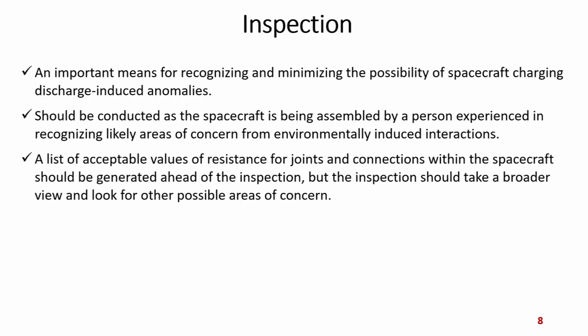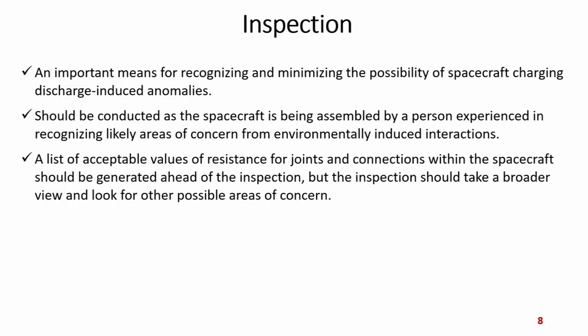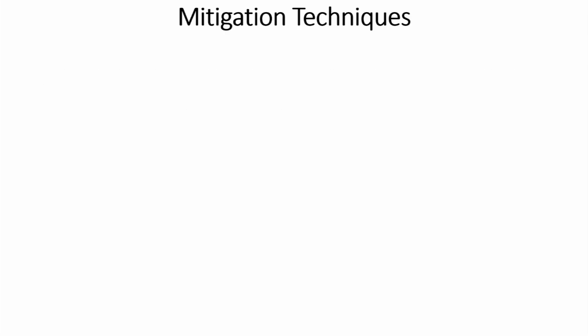The inspector will check things like the resistance in the joints. Maybe you need a low resistance path, so it needs to be seen whether that bonding satisfies the acceptable values or not. If it does not, it needs to be corrected. Generally, this inspection takes in all the possible areas of concern.